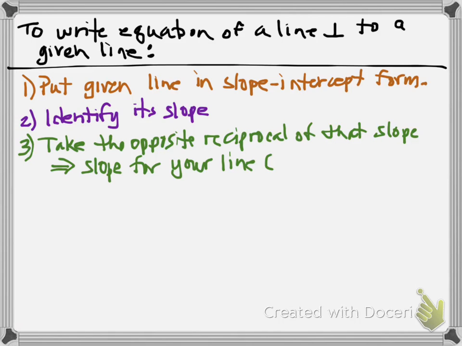So I'm going to mark it as M perpendicular. When you see M perpendicular, that's the slope of the line that you're trying to write, that's perpendicular to the given line.